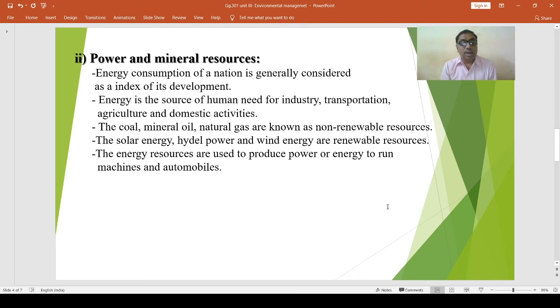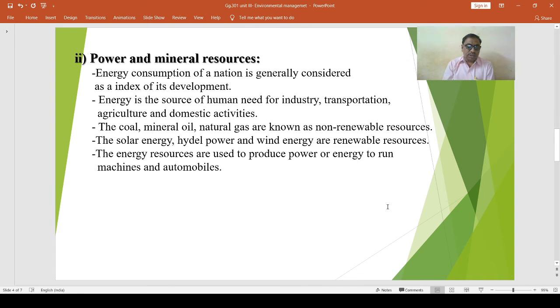Then mineral resources. Minerals are non-renewable natural resources. Mineral resources are valuable commercial resources formed in the earth crust.